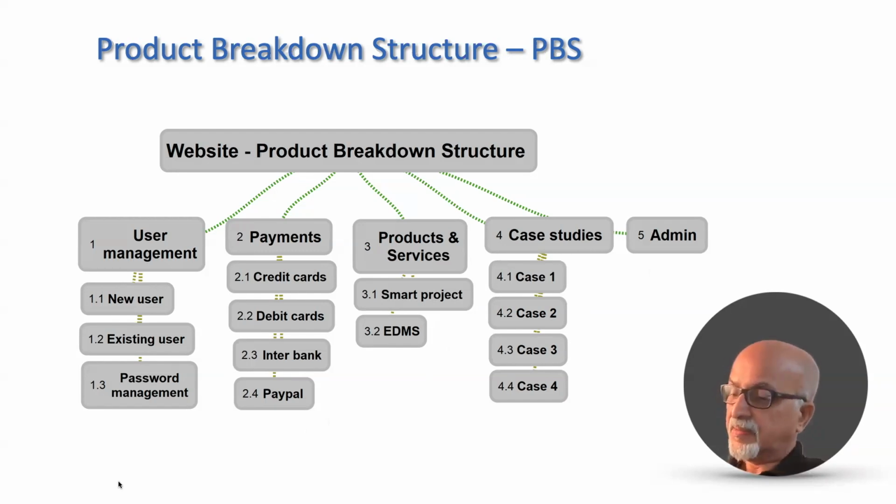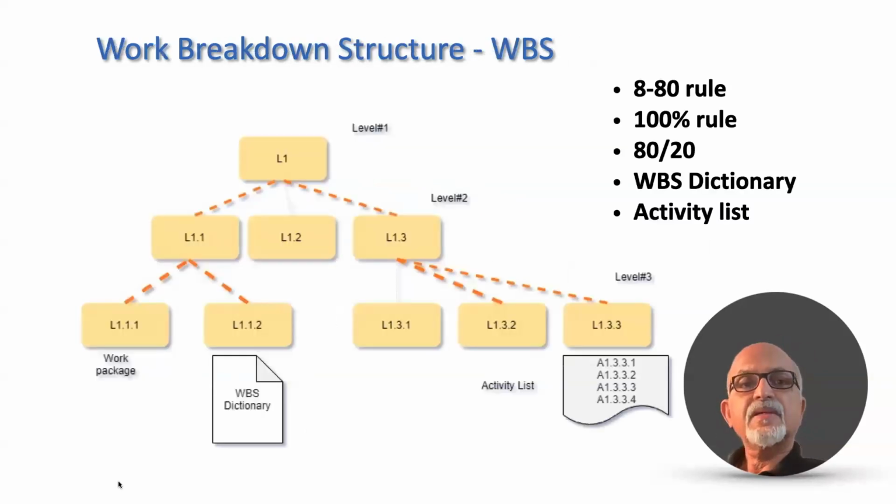The next step is, from the product breakdown structure, we arrive at a work breakdown structure. On the product breakdown structure, we superimpose the actual work that needs to be performed to build the product.